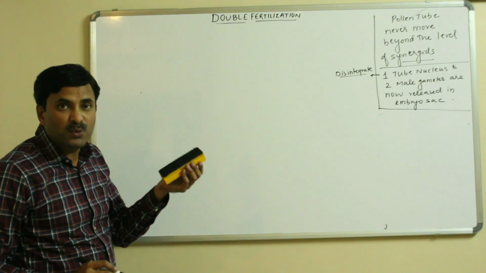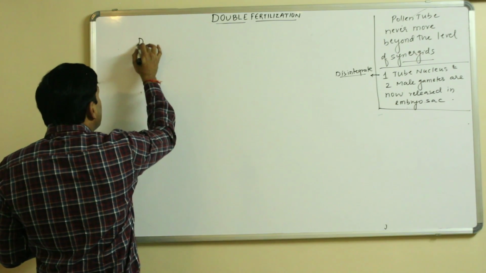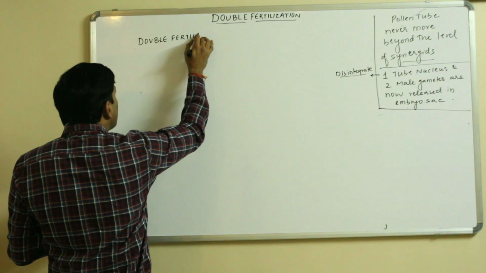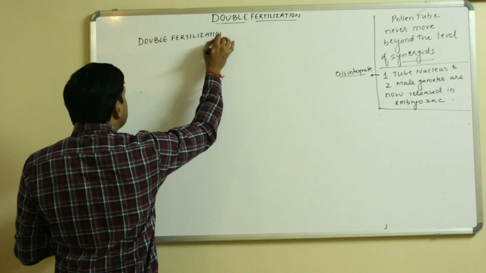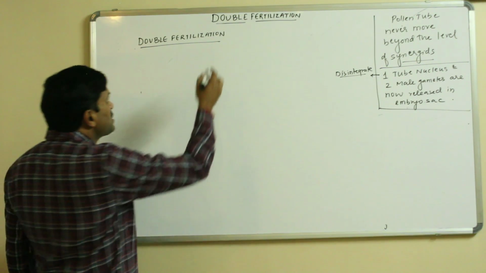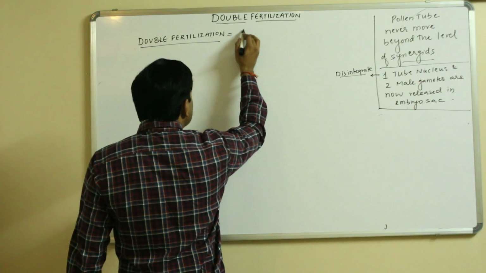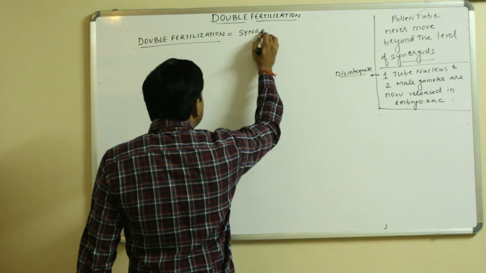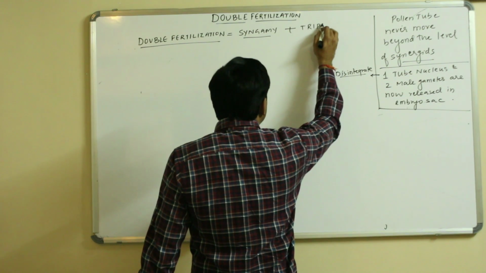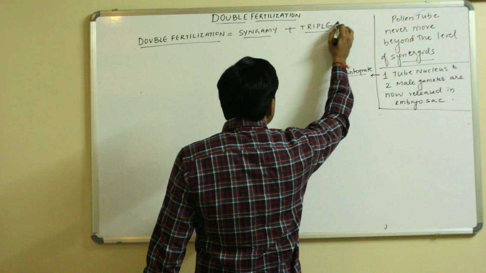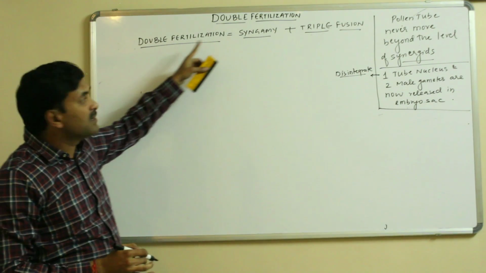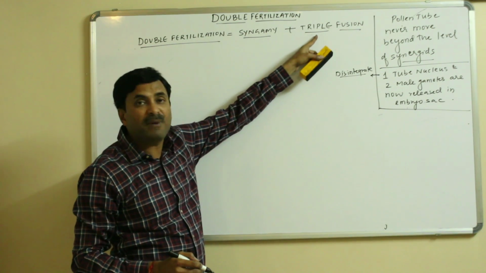Now there are the remaining 2 male gametes. Now how will they fuse? See here, the double fertilization will occur in the embryo sac. And what is double fertilization? In double fertilization, syngamy and triple fusion occur.